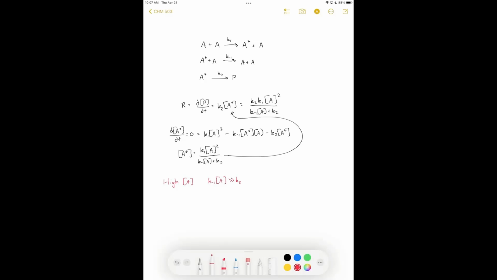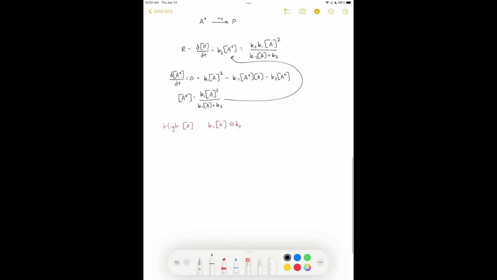In that case, we can approximate this by saying that the rate is approximately K2 K1 times the concentration of A squared. And then if K minus 1 times A is much greater than K2, we can ignore K2, which allows us to say that the rate is equal to K2 K1 over K minus 1 times the concentration of A. In other words, the reaction would appear to be a first order reaction.